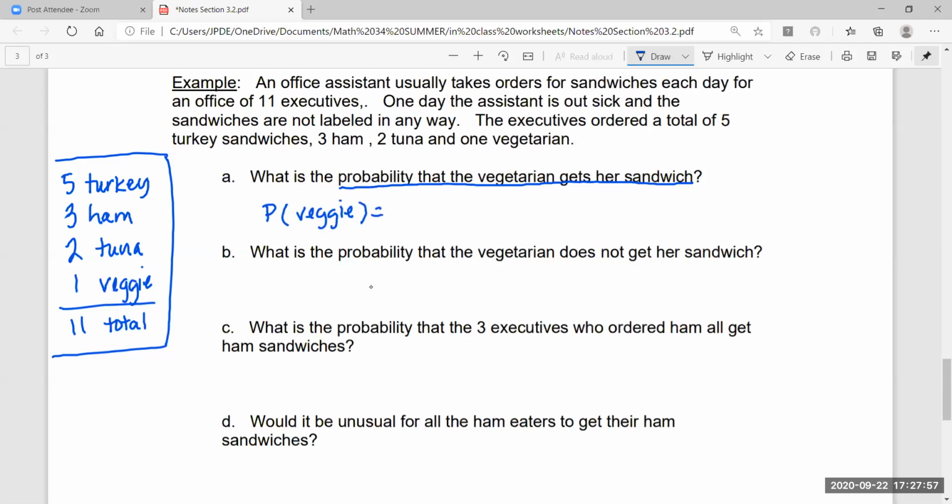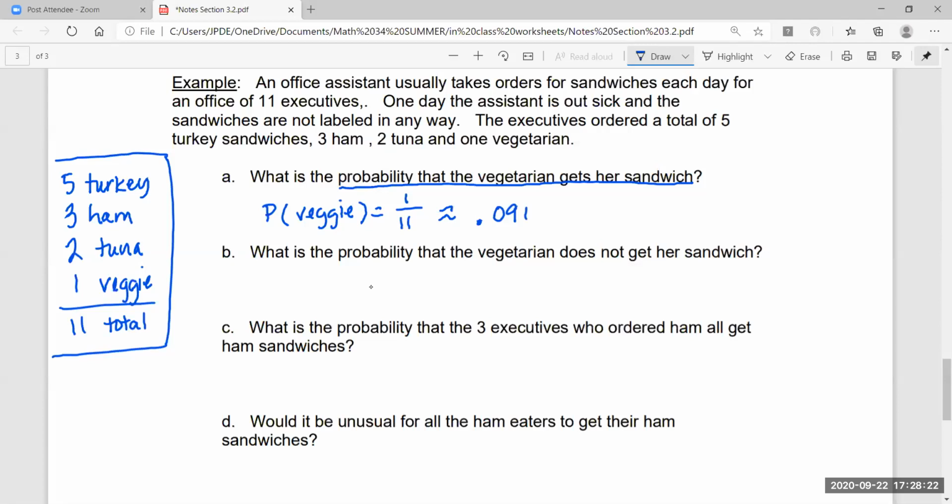Well, out of the 11, there's 1 that's a veggie sandwich. And again, if you try to visualize that, I think it will help. 0.091. So again, picture those sandwiches sitting on the table. The person walks up, they grab one. What's the chance they got the veggie sandwich that they wanted?